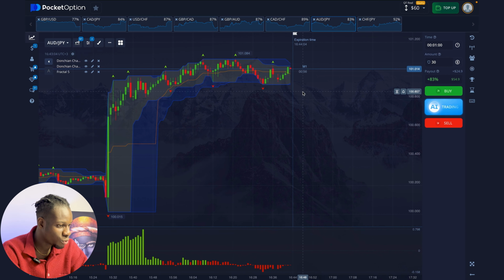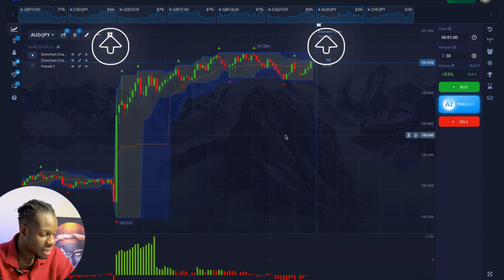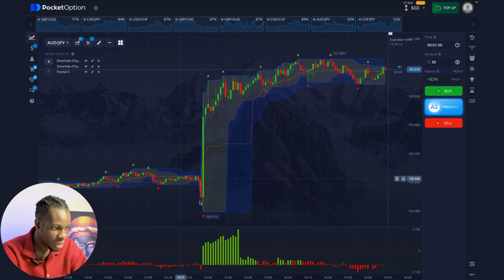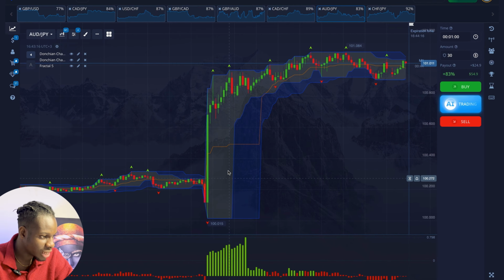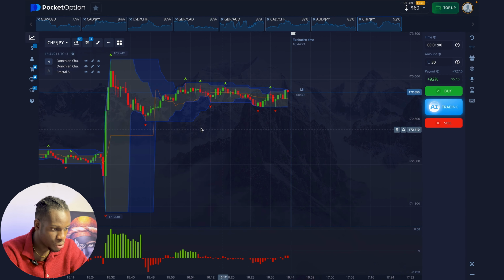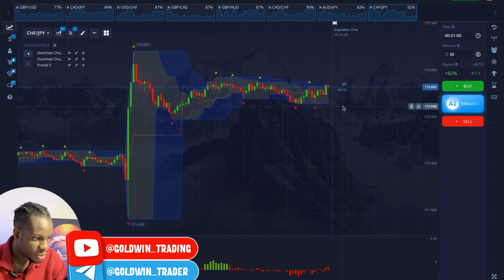Okay guys, so for today, as you can see, I've already chosen the currency pairs that we'll be using. These ones have the best payout percentages and also optimal movements for trading. And I didn't really conduct any market analysis for these ones because there was a recent news event, but I think that will help us as well in our trading.